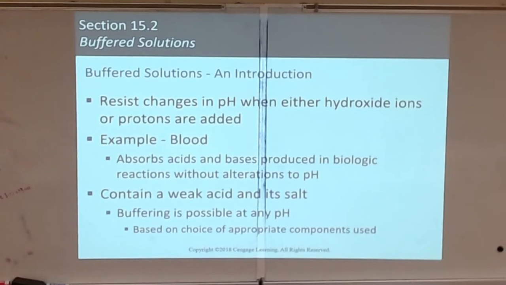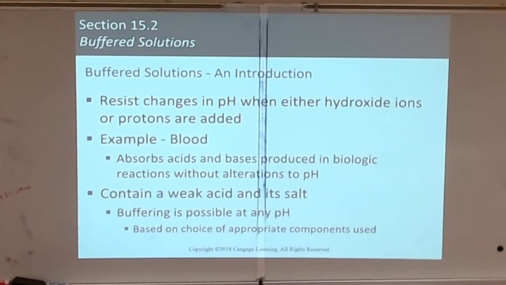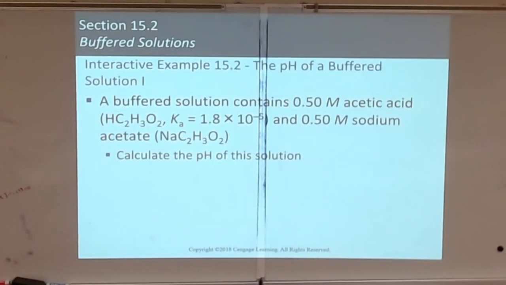You can use up a buffer, you can blow a buffer away by overloading it. But buffers can actually take up a lot of slack, as it were, in terms of protons or hydroxide ions. So a buffered solution could contain 0.5 molar acetic acid and 0.5 molar sodium acetate.